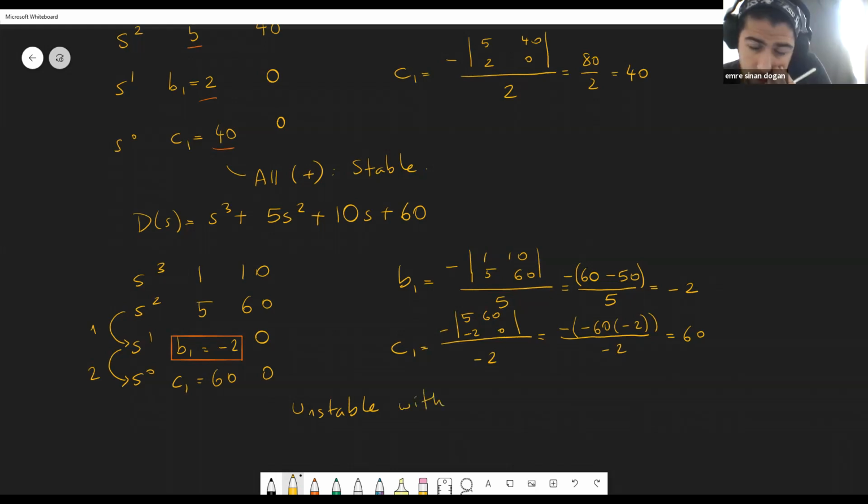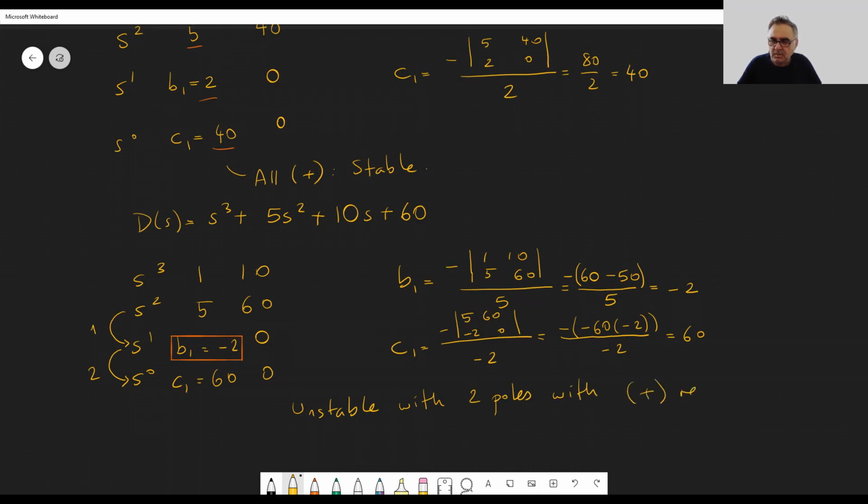Okay, sure. So we find that this system is unstable with 2 poles with positive real parts, because there are 2 sign changes in the Routh array as we see.